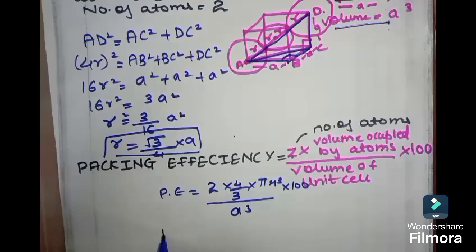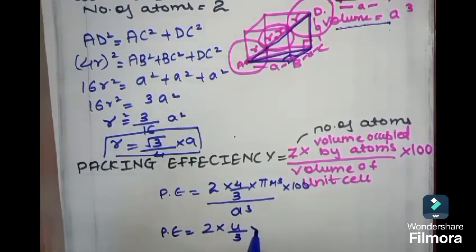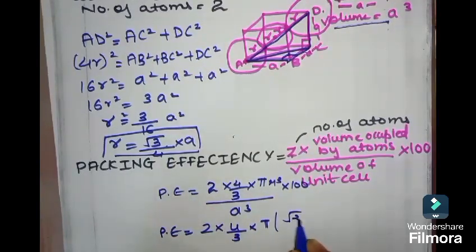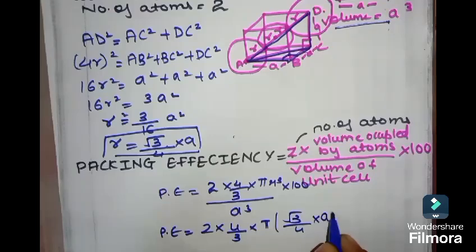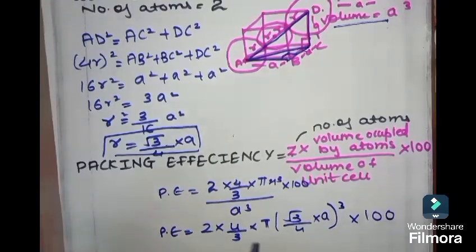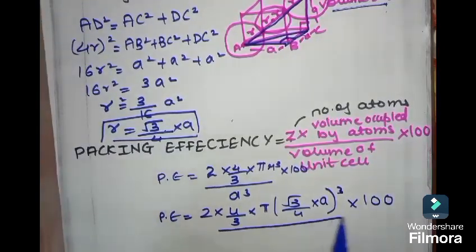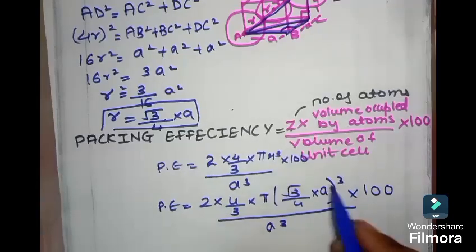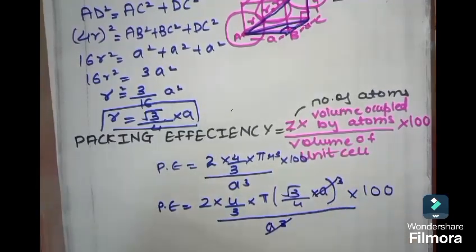So now we'll substitute the value of r over here. 2 into 4 by 3 into pi. The value of r is nothing but root 3 upon 4 into A, and we'll take the whole cube of this and then multiply it by 100, and then there is A cube in the denominator. So now when we cube this term, we can cancel out A cube and A cube.